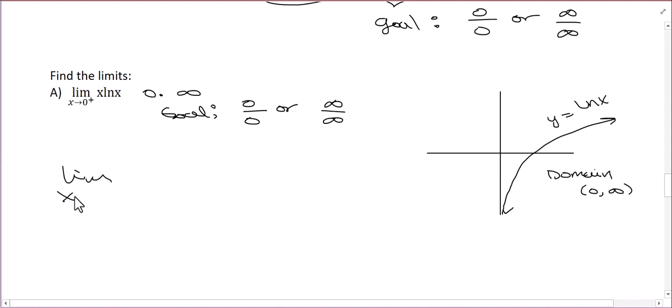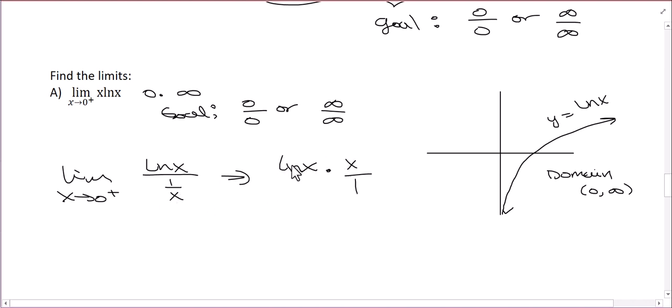Sometimes it's which one is easier to rewrite. And what I'm going to do is rewrite the x. I'm going to leave ln x where it is, and I'm going to say this is ln x divided by 1 over x. Are these the same quantities? Is x times ln x the same thing as ln x over 1 over x? Yes, because when I divide by a fraction, it's the same thing as multiplying by the reciprocal of that fraction.